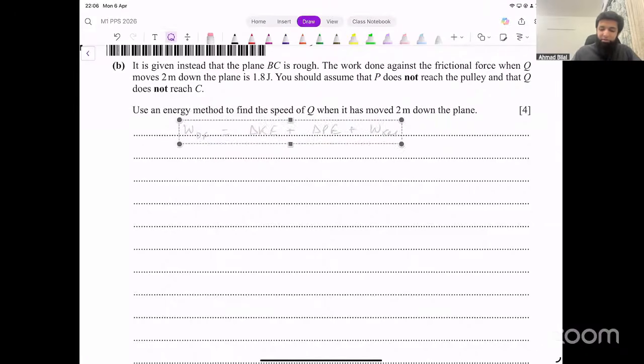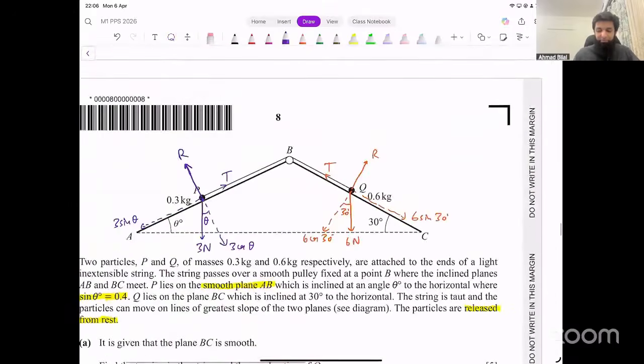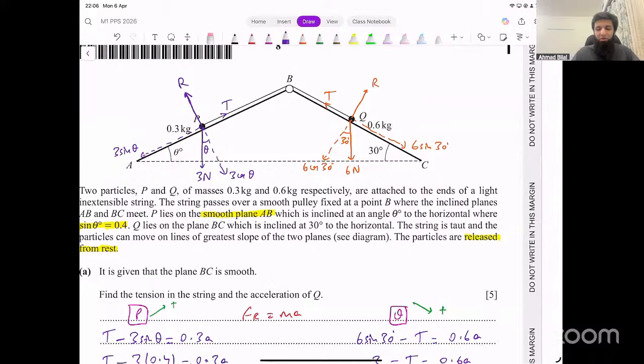Now, in the work energy principle, when you have objects connected like this, it's a good idea to just consider the whole system together. On the whole system, is there any driving force? Anything that is making the objects move down the plane, apart from weight?